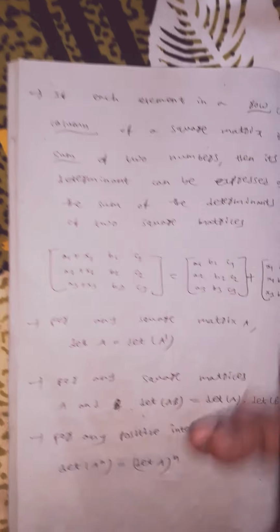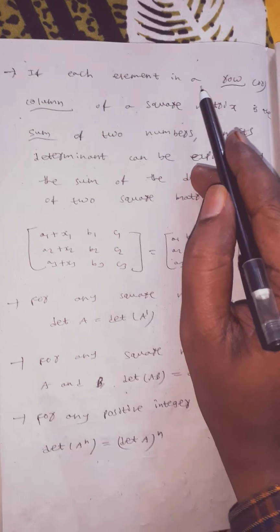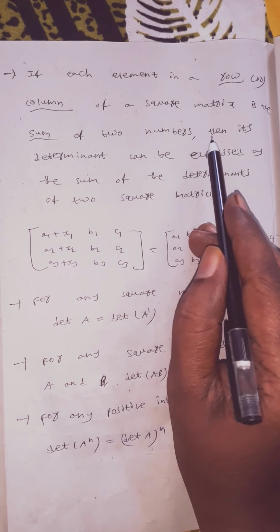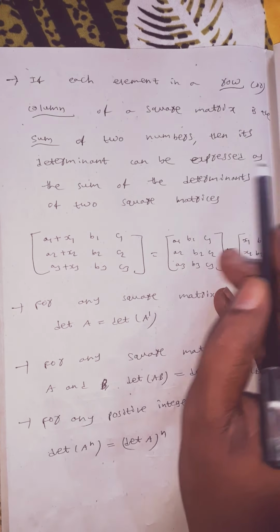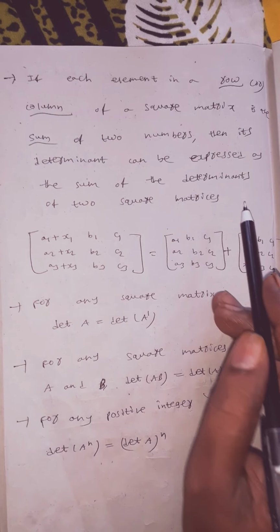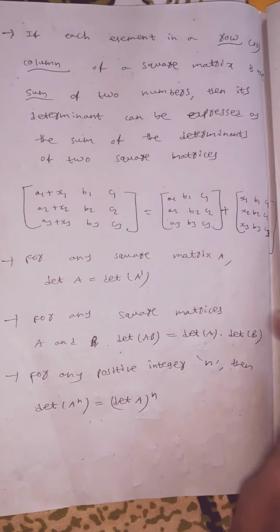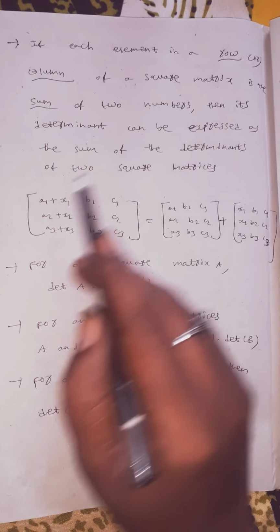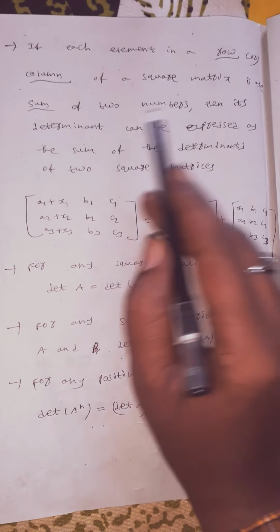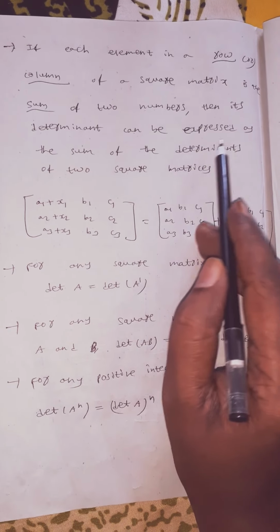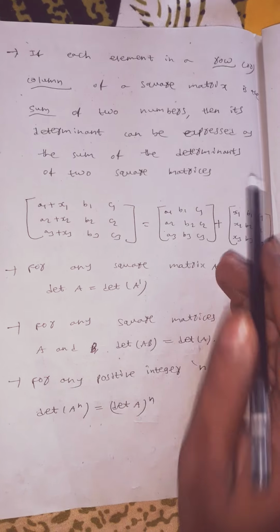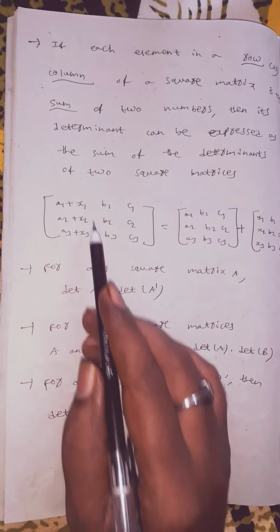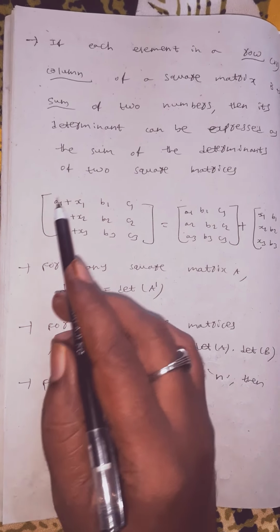Next property: if each element in a row or column of a square matrix is the sum of two numbers, then its determinant can be expressed as the sum of determinants of two square matrices. I have taken here, in the first column, two terms.